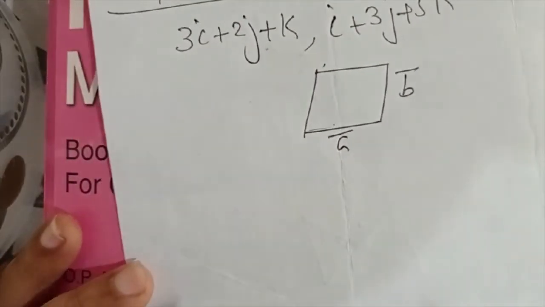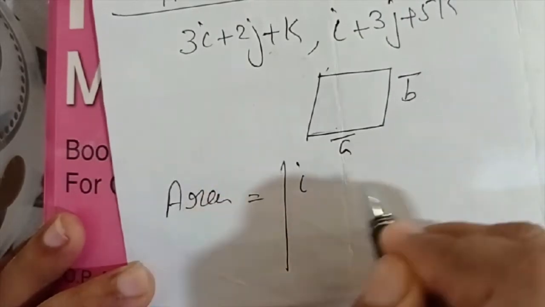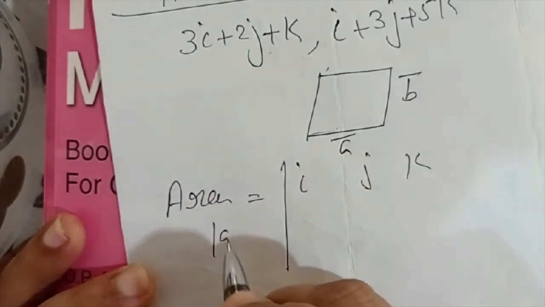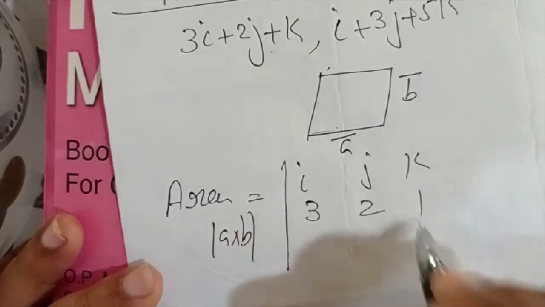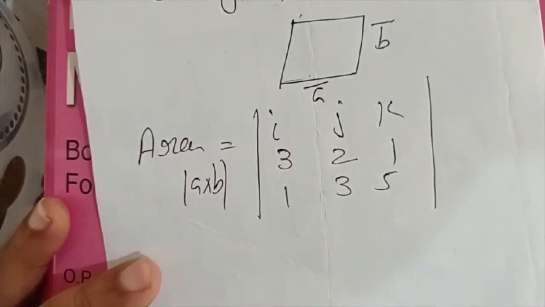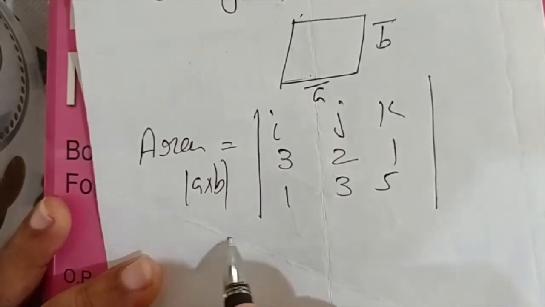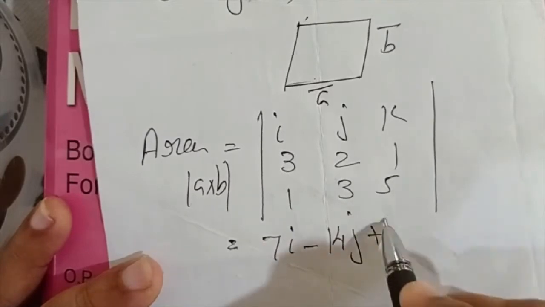Then how can you find the area? Area is equal to mod A cross B, isn't it? The determinant ijk, 3, 2, 1, 1, 3, 5. You will get the answer 7i minus 14j plus 7k.